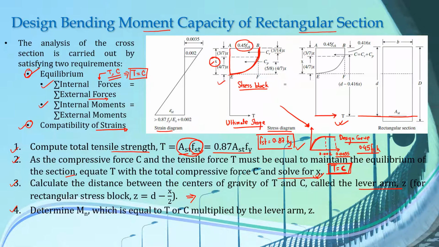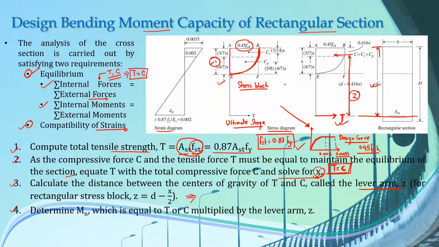The tension force acts here and the compressive force acts here. The distance between these two lines of action is the lever arm, which is represented as Z. And D is the effective depth of the beam, which is the distance from the extreme compression fiber to the centroid of this reinforcement group. So use this value of X to get the value of lever arm Z.